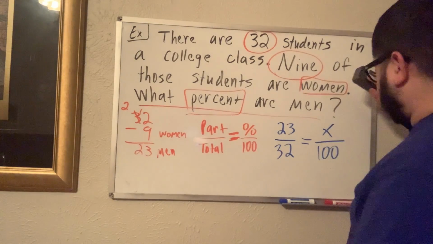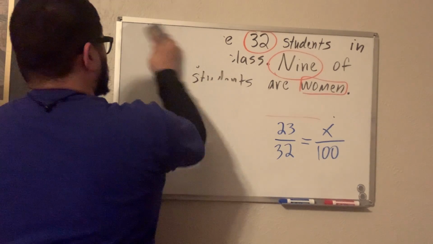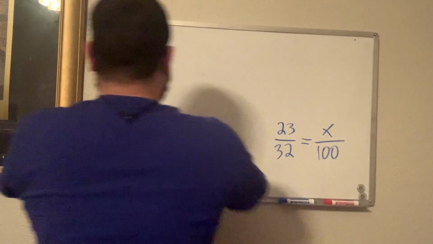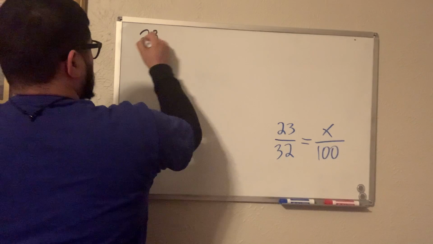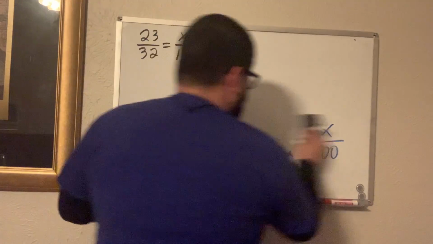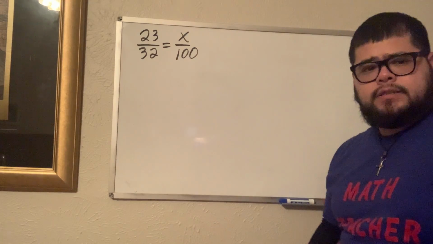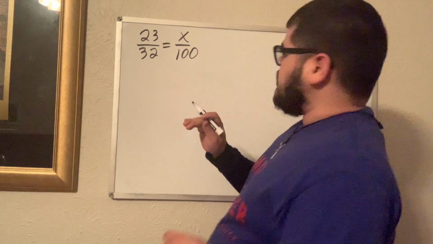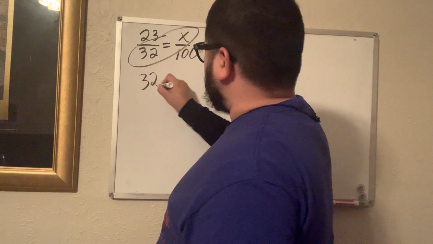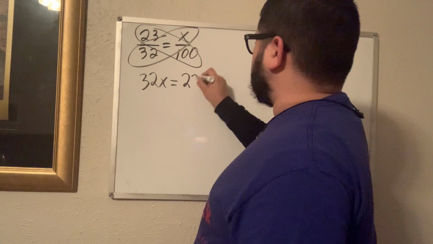All right, so we're still on that problem. We're still trying to figure out what percent of the class was men, right? So we're gonna go ahead and solve this. Remember, we start with the variable always. 32 times x, we get 32x. 23 times 100 equals 2300.